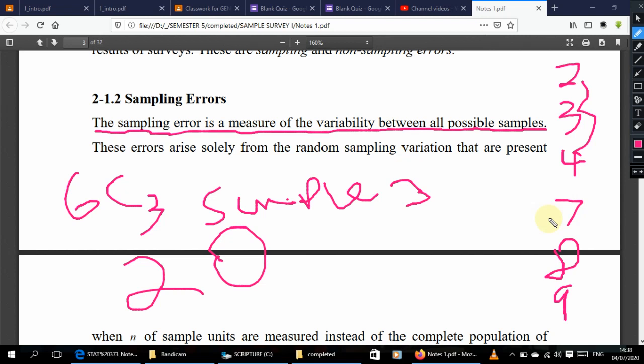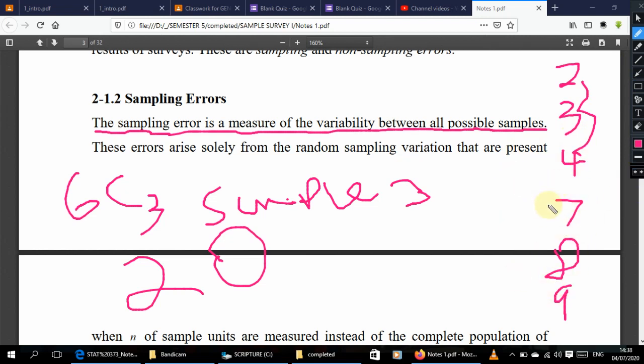The fact that we are not using all the data points 2, 3, 4, 7, 8, 9 in our survey, and we are picking 3 of these, somebody may come in and pick a different set of 3.